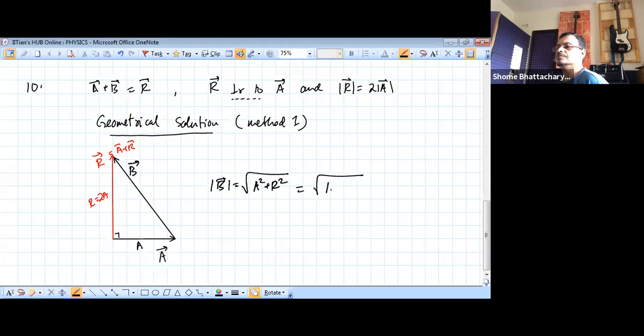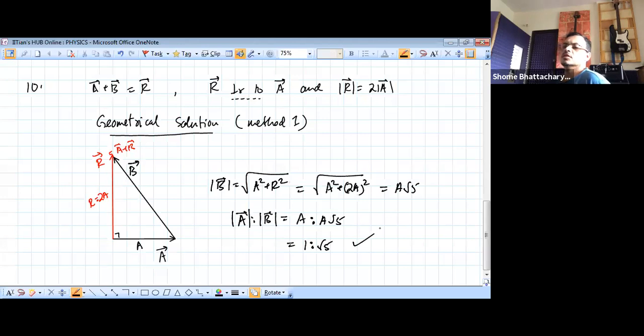So if mod A is 2, mod B will become A root 5. So this is the easy method, the geometrical method. You can also do this by formula, but that is unnecessary. I'll show you that method also, but that's unnecessary.